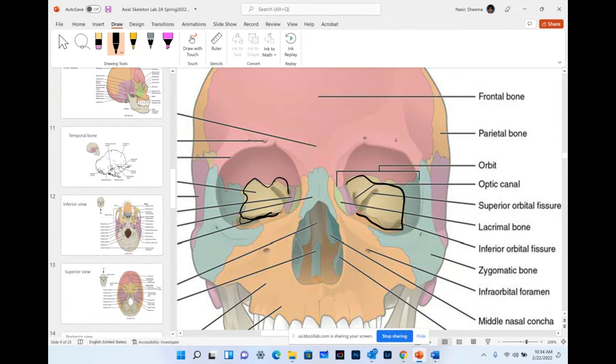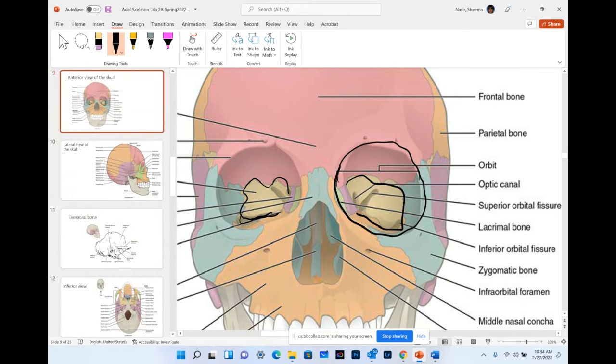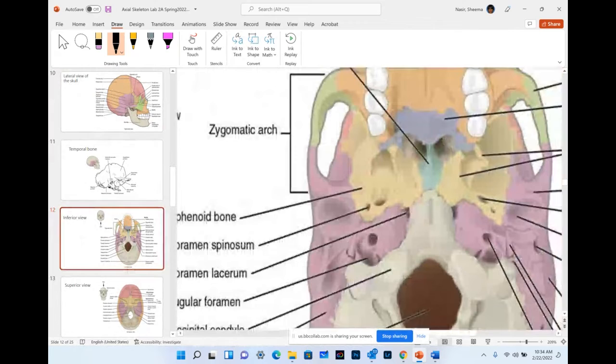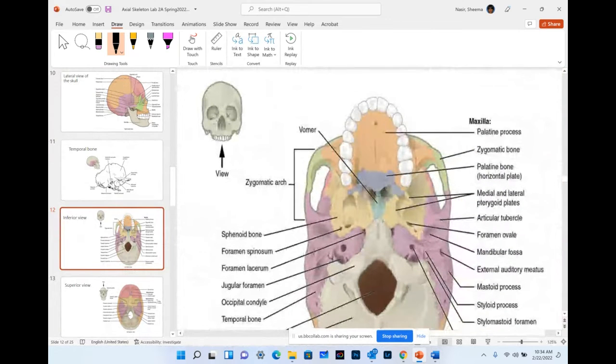So we are going to look underneath the skull. This is the front because you can see the orbits. Now let's look underneath the skull where you can look at the teeth. So this is the upper jaw and it's underneath the skull.